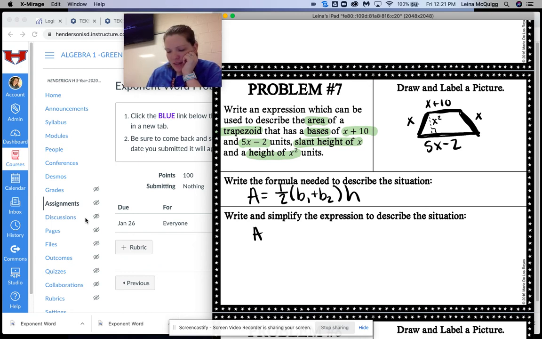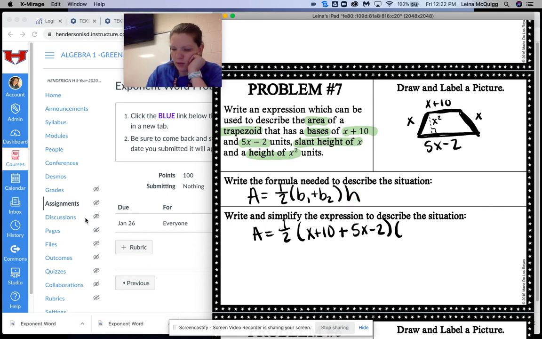It doesn't matter which one we call base 1 or base 2. I'm going to use the top as base 1, so base 1 is x plus 10. Then we add base 2, which is 5x minus 2, and multiply it by the height. And it's not the slant height.